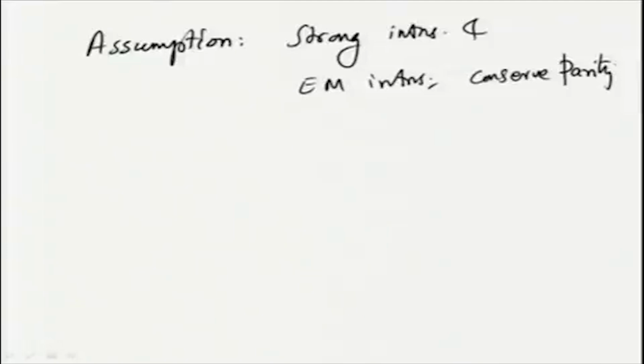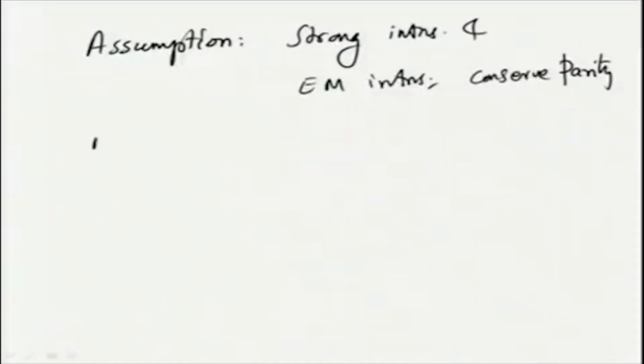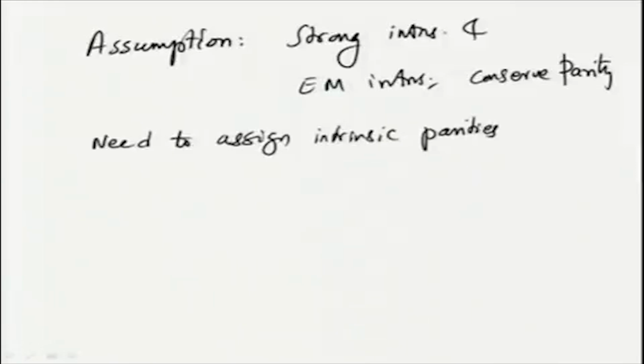This needs to be checked experimentally, and experimentally we have not seen any parity violation in strong interaction or electromagnetic interaction. But for this, we need to assign intrinsic parities to various different particles.